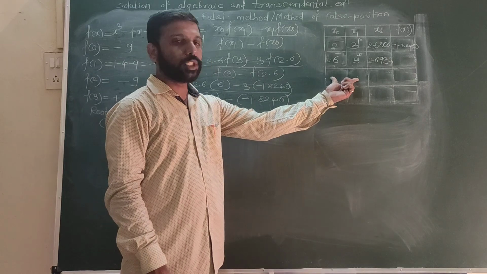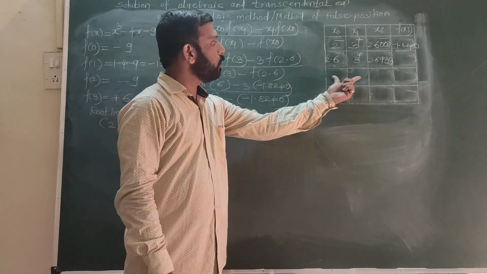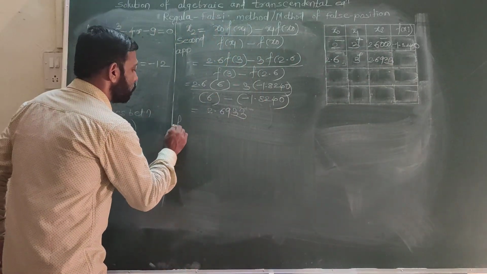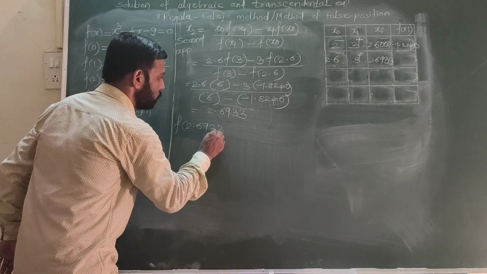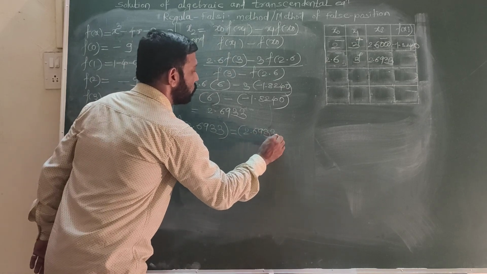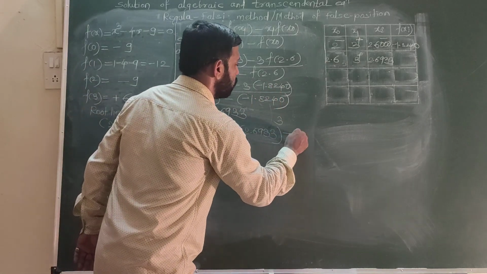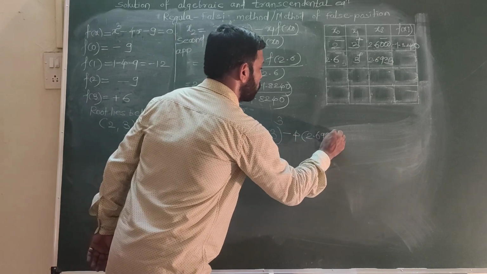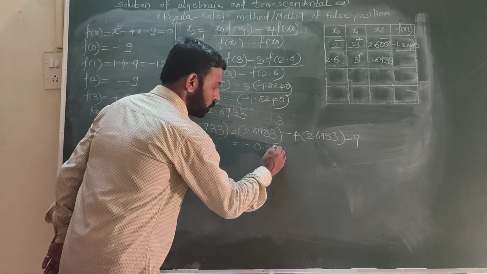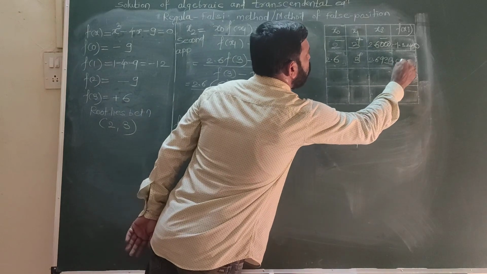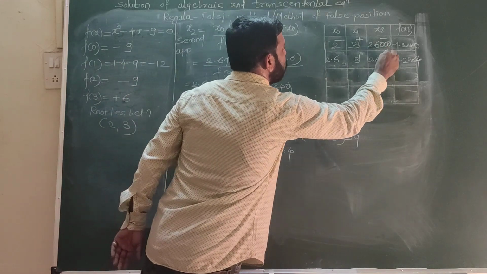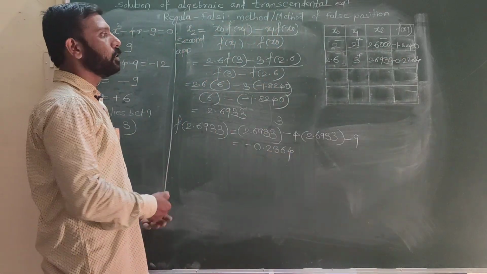Now to discuss the third approximation, we require the interval. To find the interval, first the symbol. For that, put this value in the polynomial: cube minus 9, and the output of this expression is 0.2364 with a minus sign, and that minus we use for this 2.69 as the symbol.